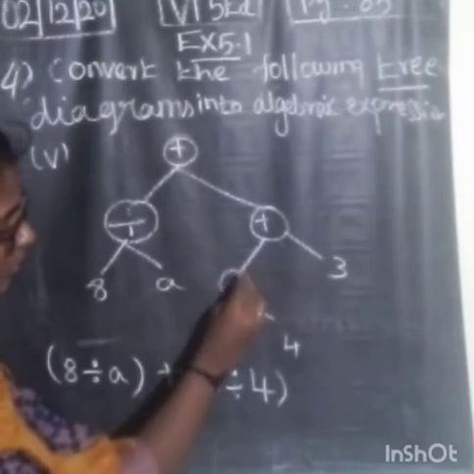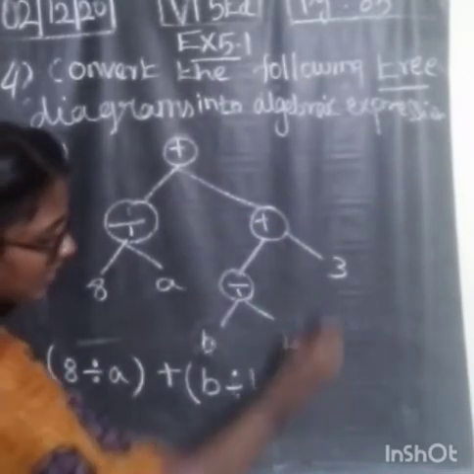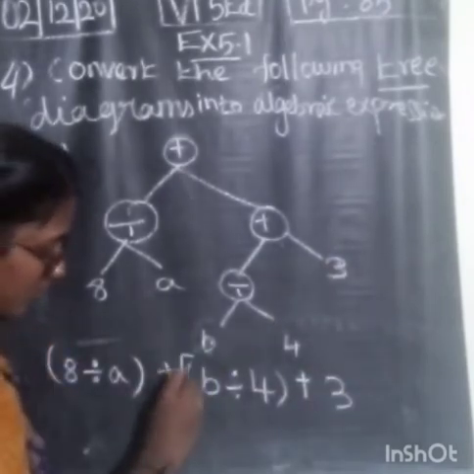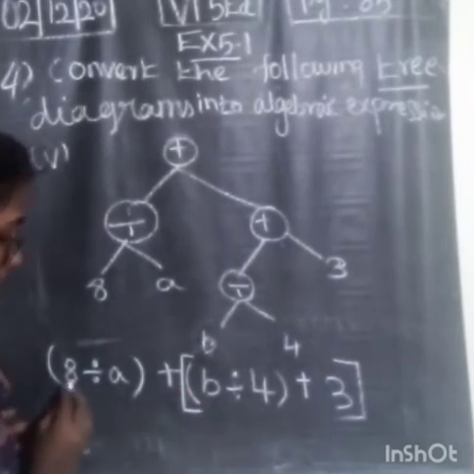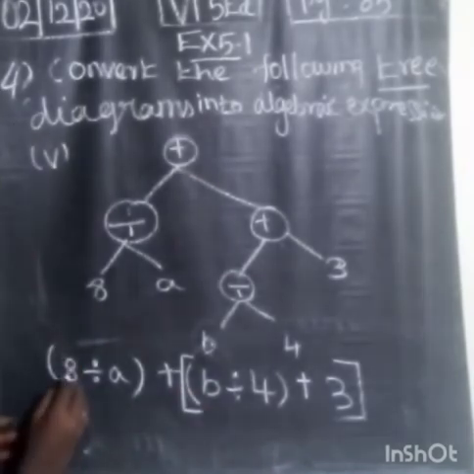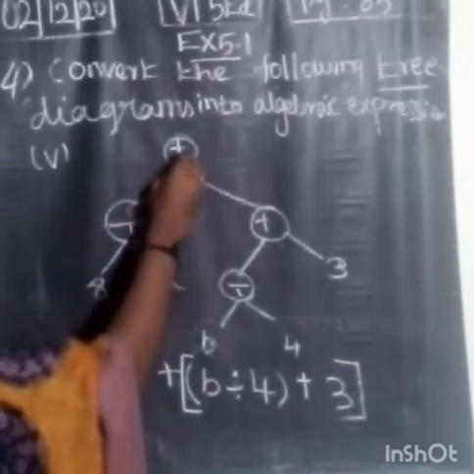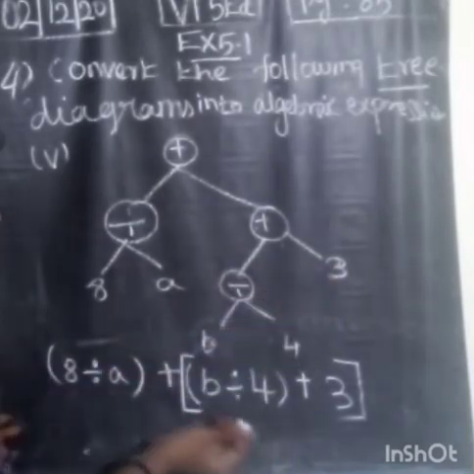And then the operation here is plus, and then 3. So put the bracket here. The algebraic expression is 8 divided by a plus b divided by 4 plus 3.